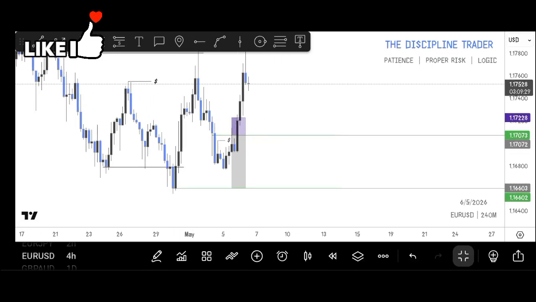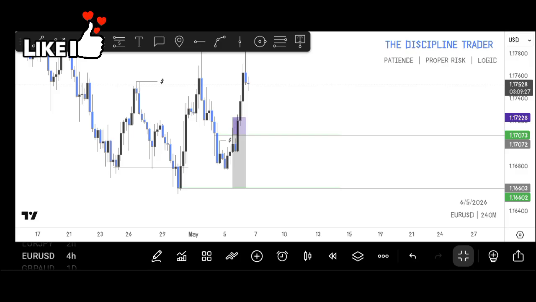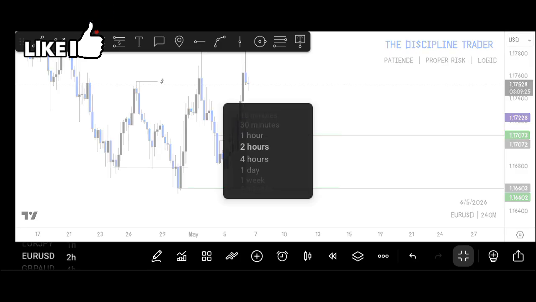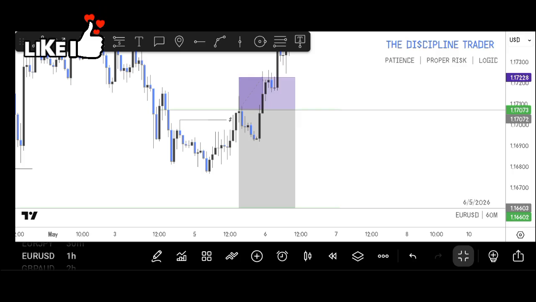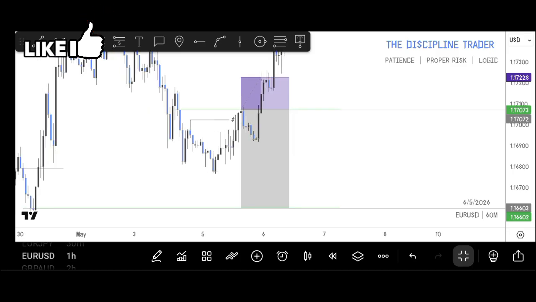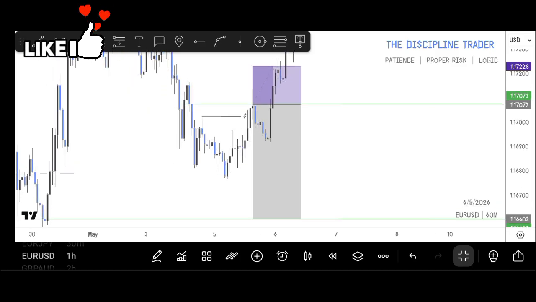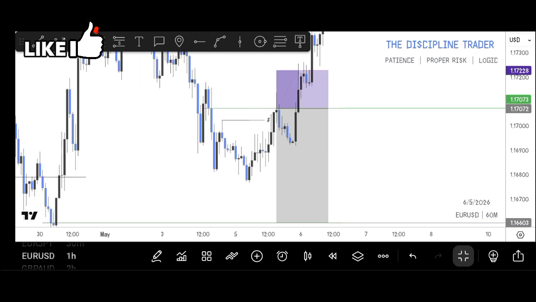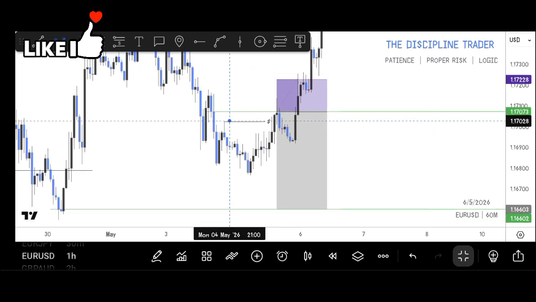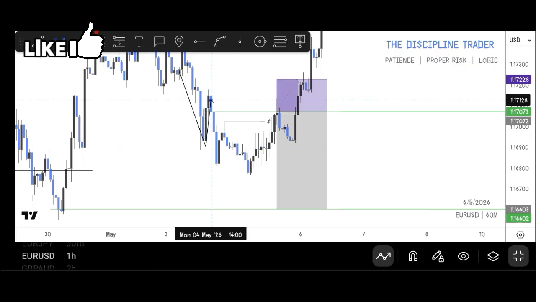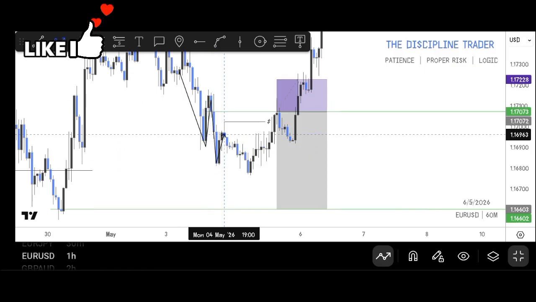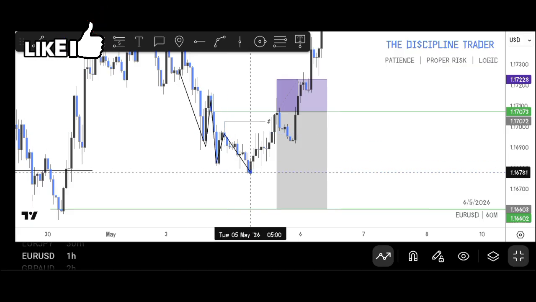So I went on the 1-hour time frame to look for an opportunity. This was how I saw this opportunity, because price was giving us a low, a high and a low. Then price gave us another high, then gave us a low. But this high right here did not mitigate any key level.